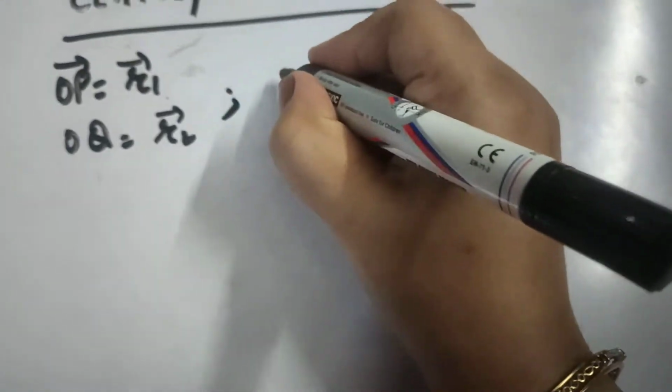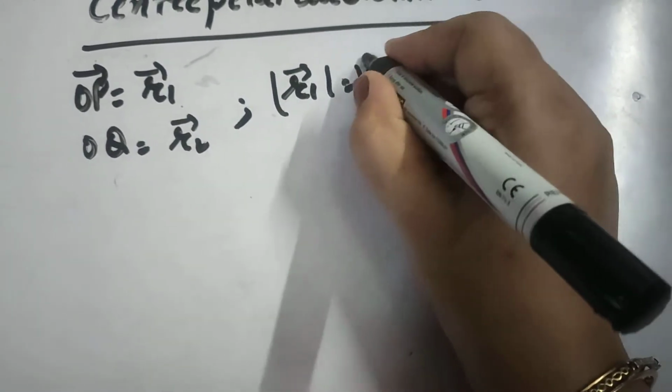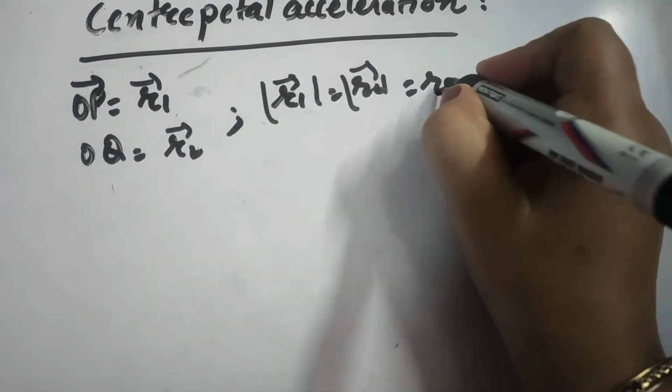No doubt the magnitude of r1 is equal to r2, since it represents the radius of the circle, which is equal to r.